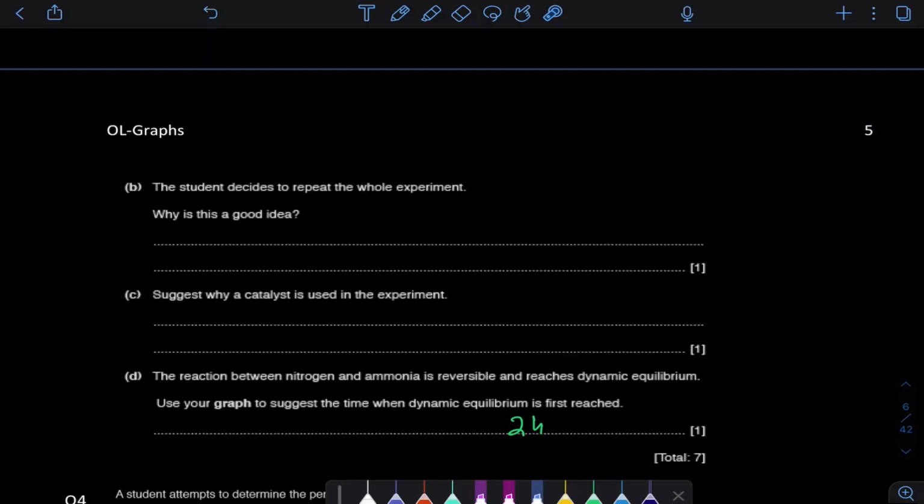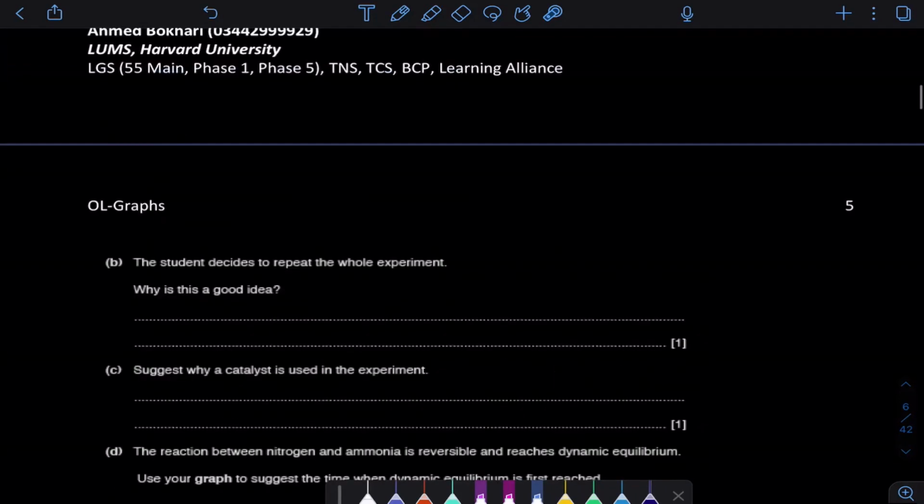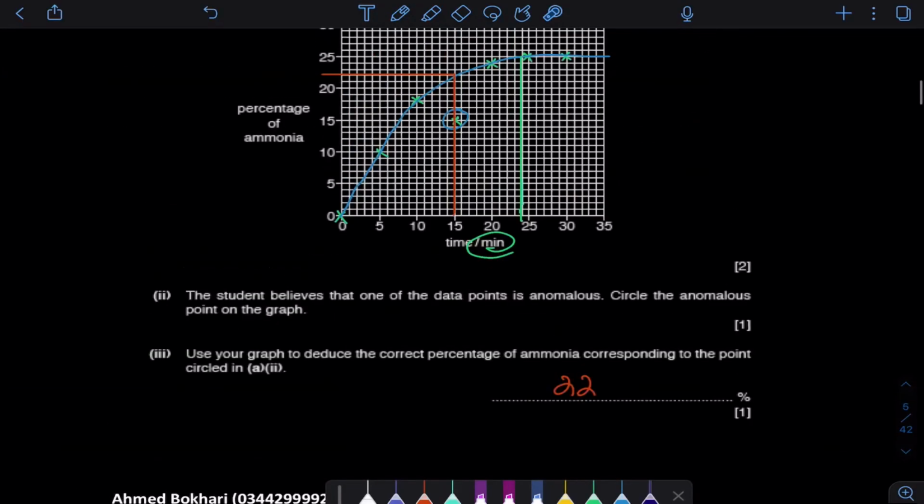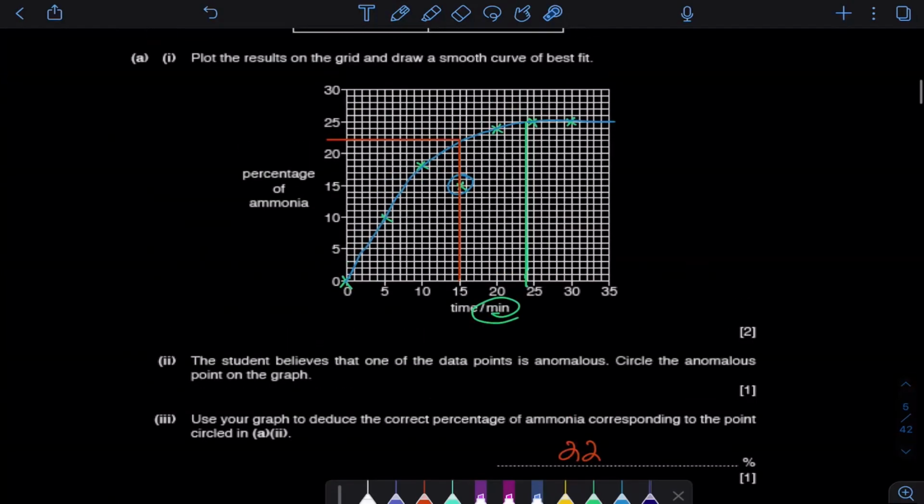I'm just saying that it's incomplete. The reason repeating the experiment gives us better results, yeah, more reliable results, is because now you have values which will not be anomalous, क्योंकि आप दूसरी दफा जब चेक करोगे तो गौर से चेक करोगे. And secondly, you can take the average of both values to get a more accurate value.